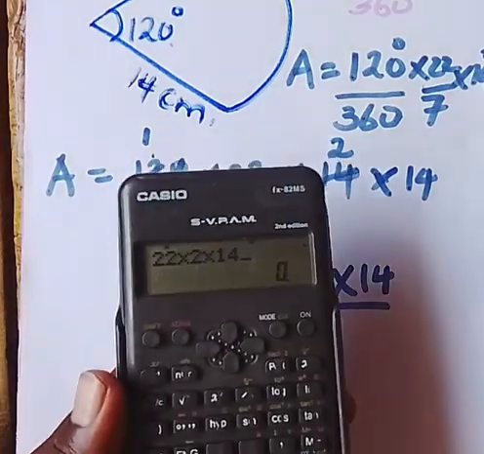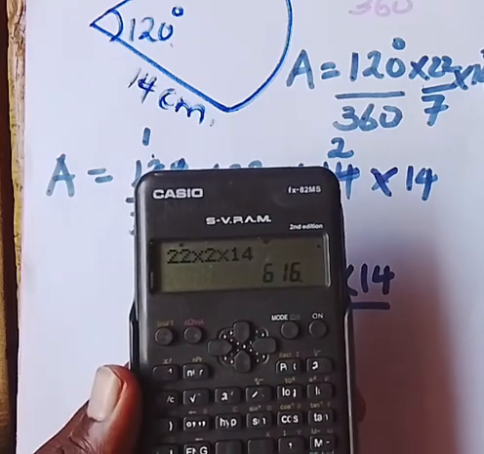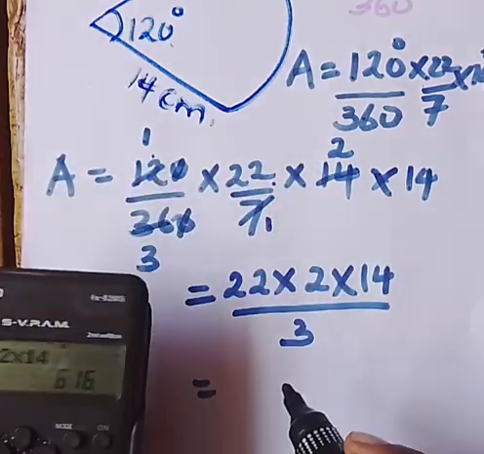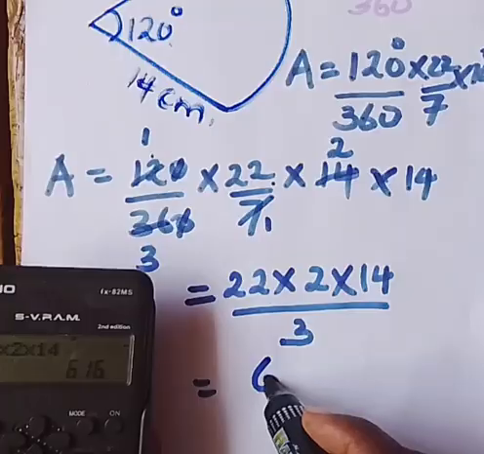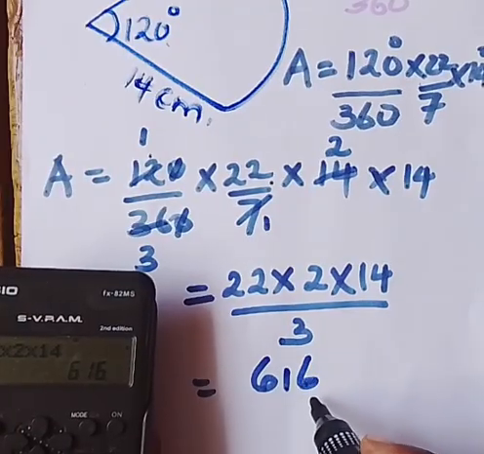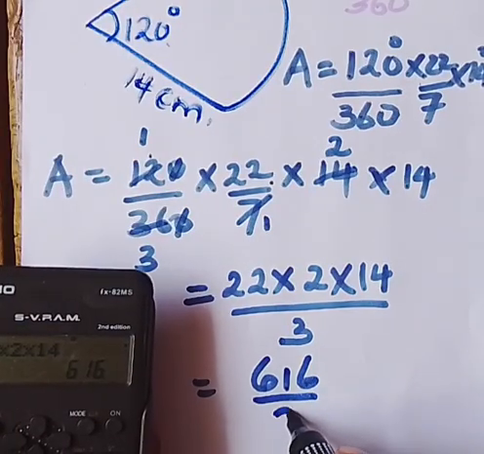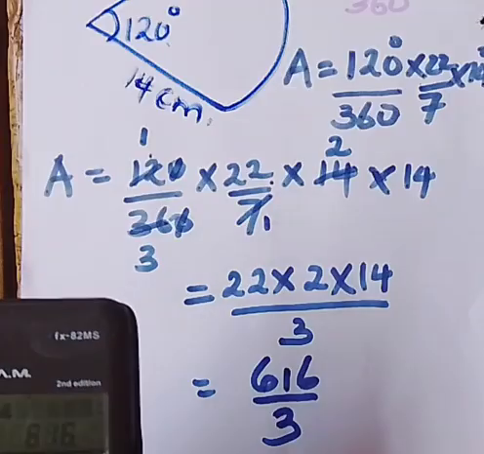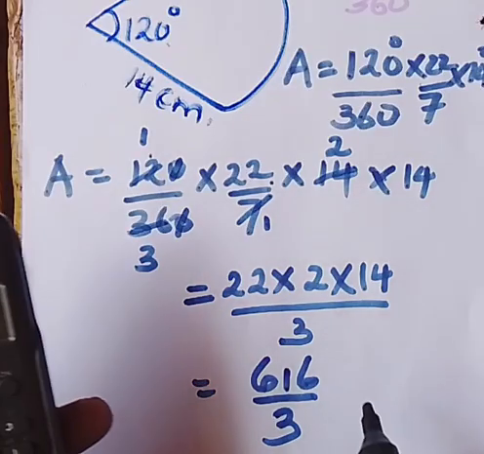We can multiply that using a calculator. You'll get 616, so 616 all over 3. Now we can simplify further.